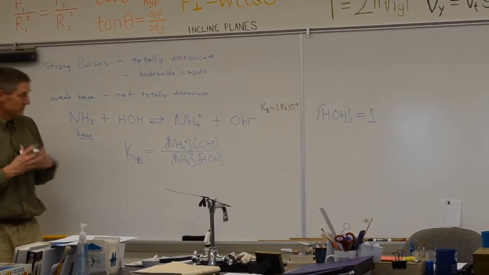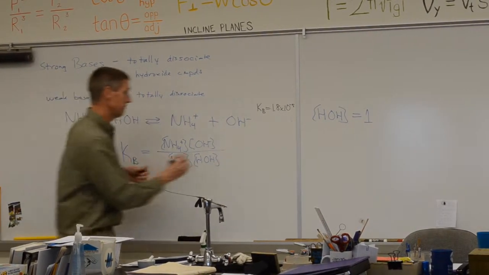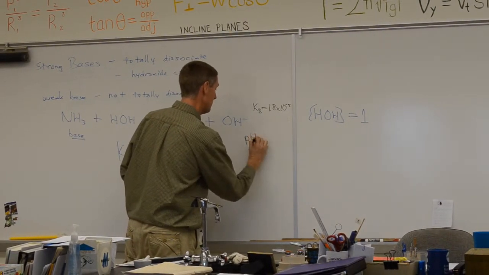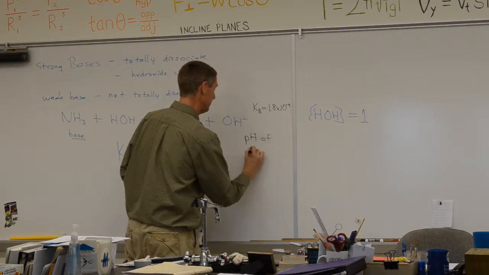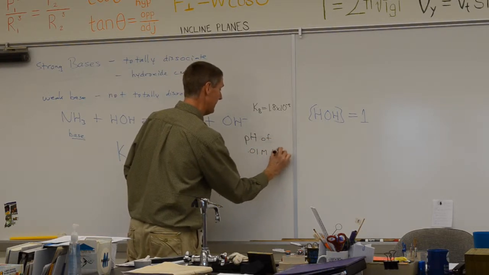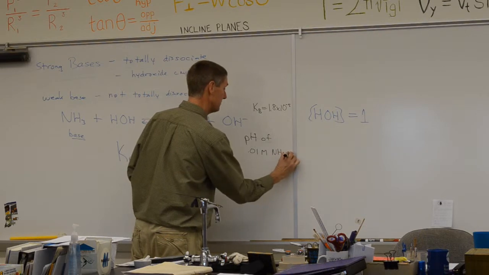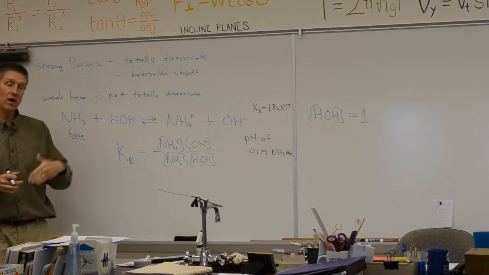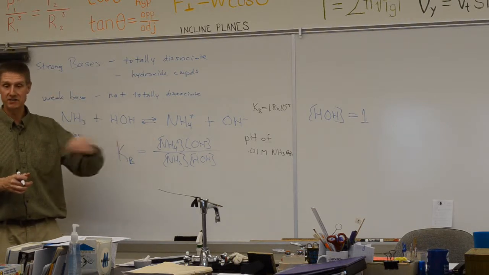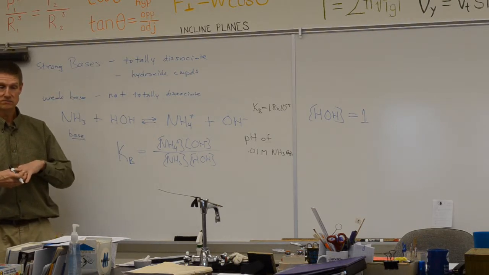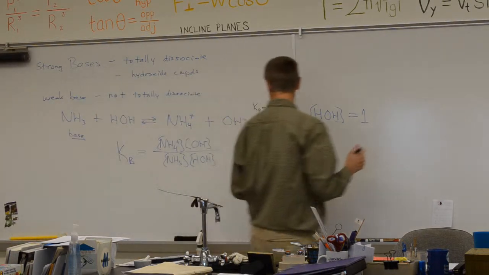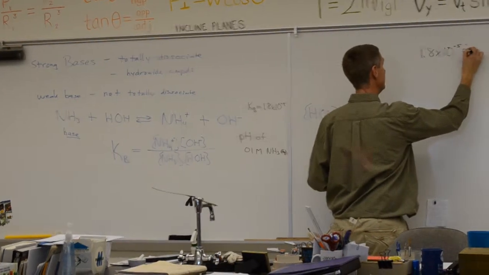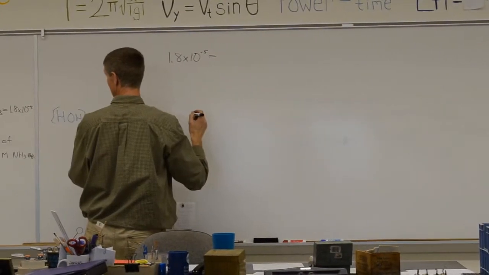Okay, so here's our question. What's the pH of a 0.1 molar NH3 solution? When we dissolve 0.1 molar NH3, what will end up being the pH? Well, let's plug and chug, shall we? K sub B is equal to the NH4 concentration.